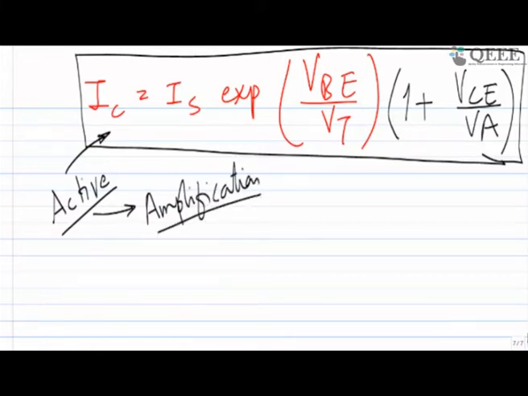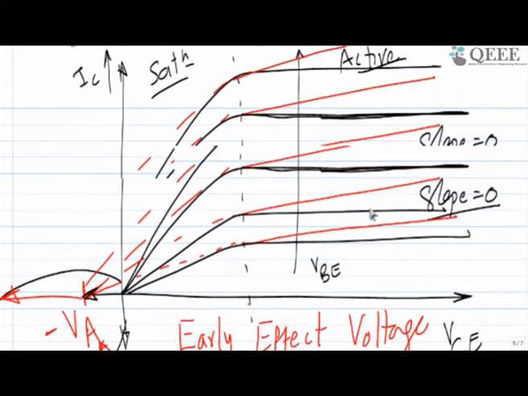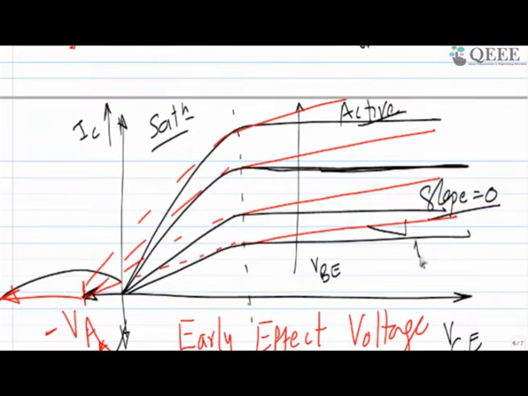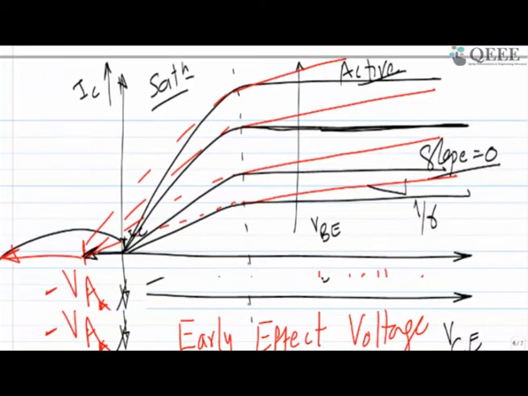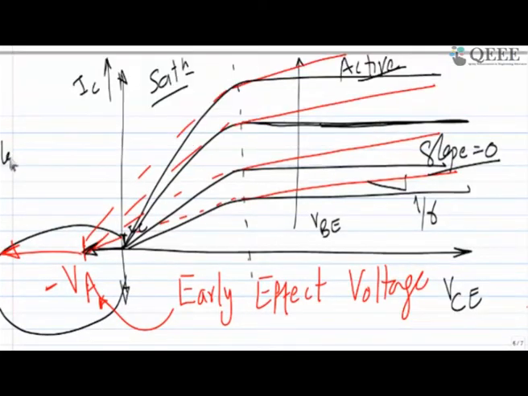That's it. So if that is the case, this slope, which is 1 by R, is the deciding factor. If this point is IC, and you look at this particular slope, the slope is equal to IC divided by VA, right?